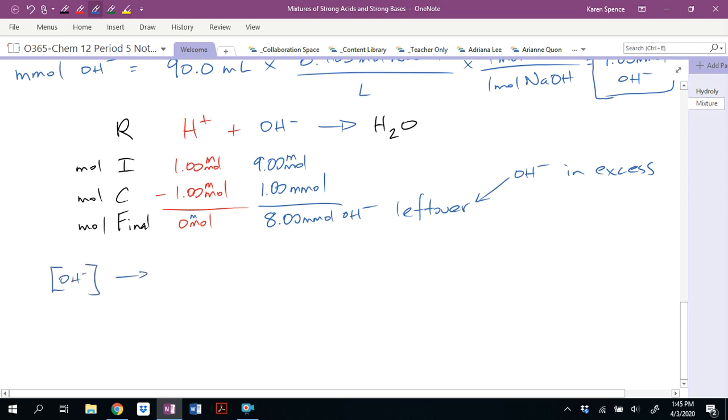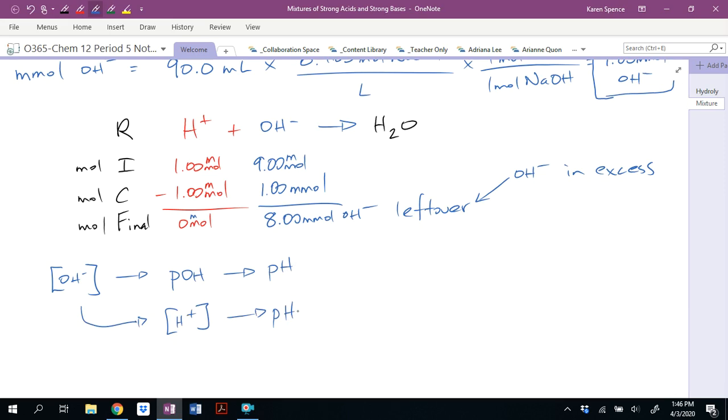We can use hydroxide concentration to find pOH, and then we could use that to find pH. Or we could use hydroxide ion concentration to find concentration of hydrogen, and find the pH from there. But both of these need us to have the concentration of hydroxide, and we don't have that yet. We just have the millimoles of hydroxide.